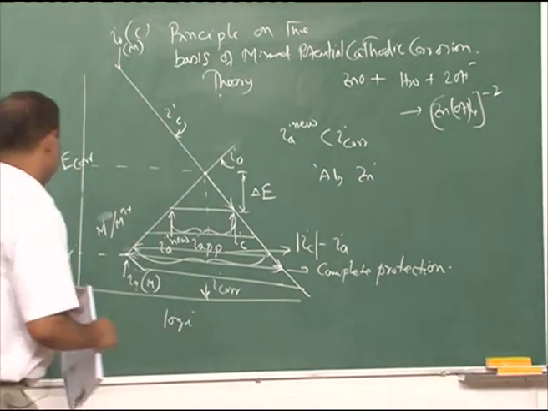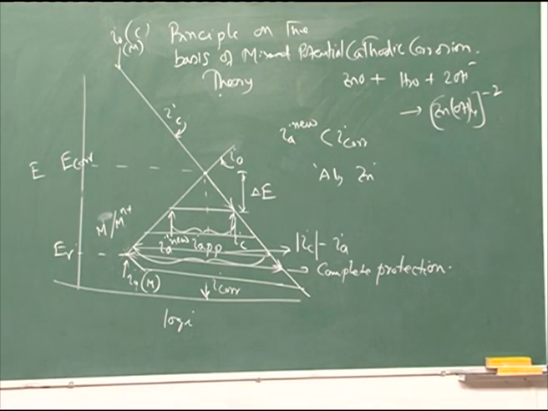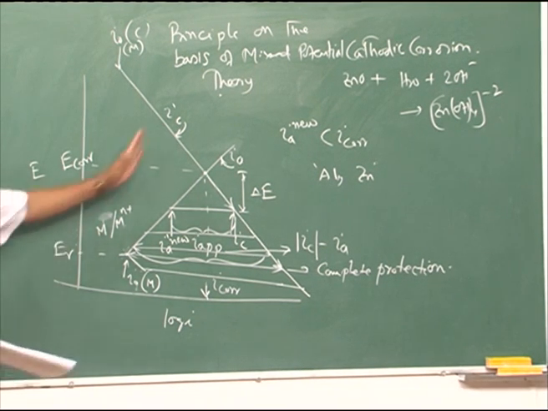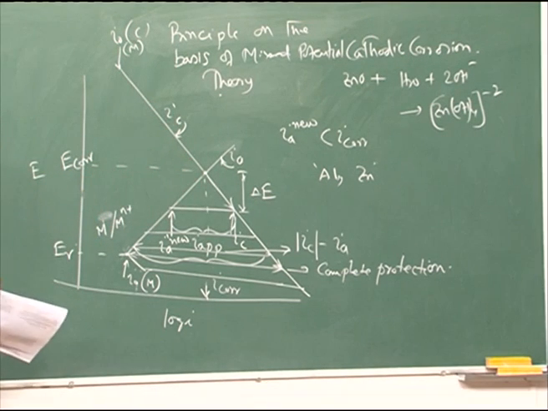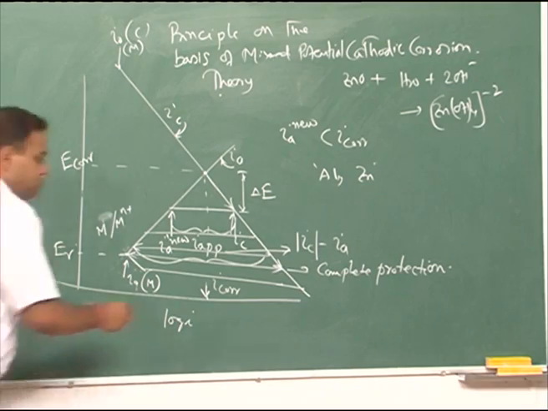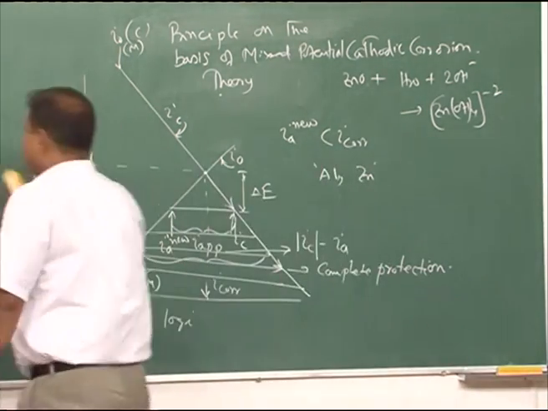Mixed potential theory. Now, once we know this, we should see how many ways we can send negative current to the system. There are two ways.